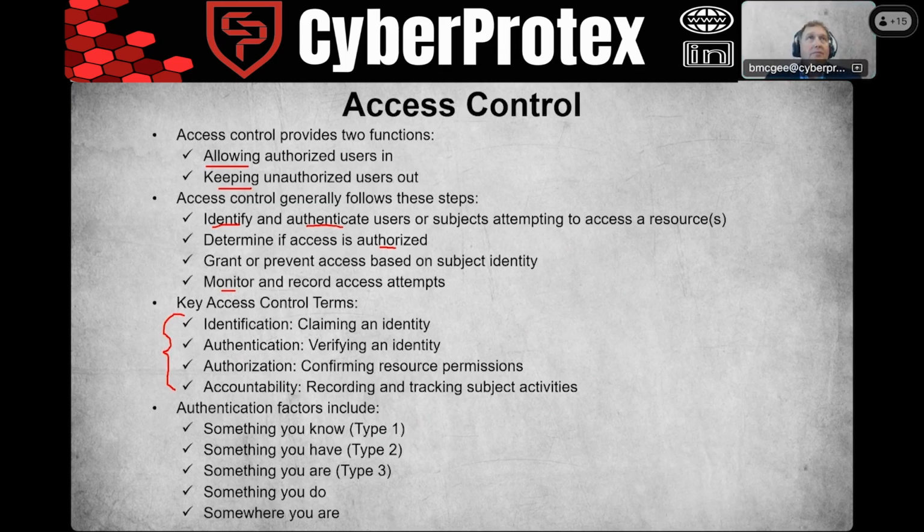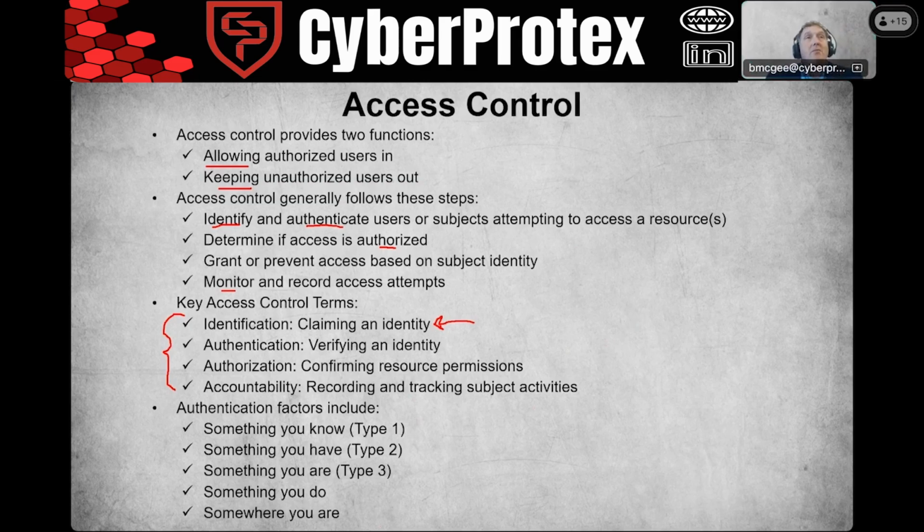Well, usually when somebody's onboarded, we create an identity for them. And that's typically a unique identifier that is something like an email address. And then we provide them some mechanism that we can challenge them with to authenticate themselves.